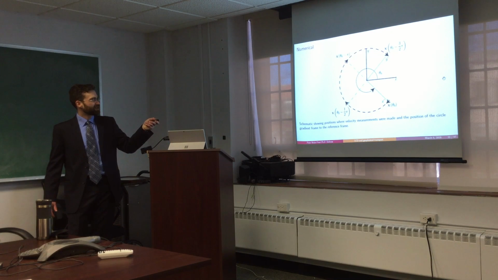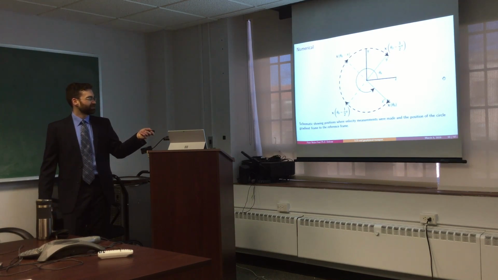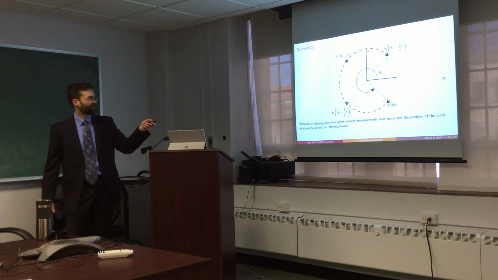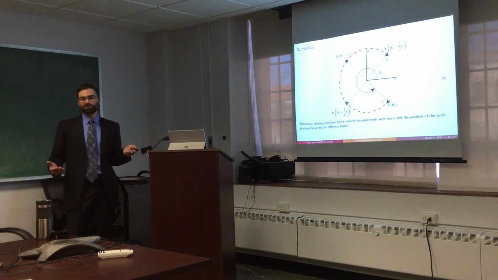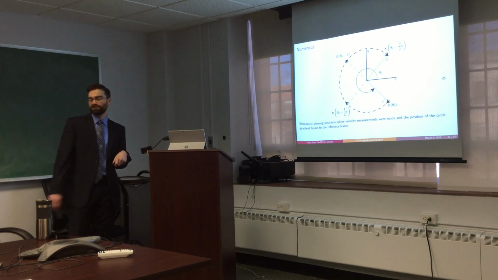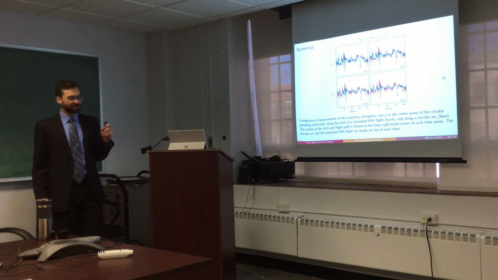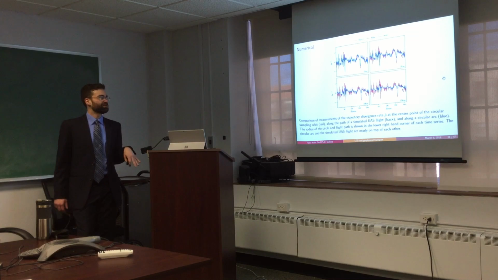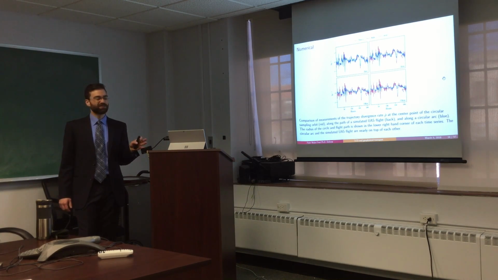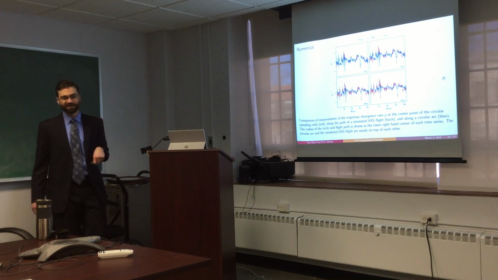So we have this point here and this point here, and we can use measurements from those to calculate a dx prime. And from measurements here and here, we can calculate dy prime, and then we just apply a rotation to put it into the reference frame we're interested in.